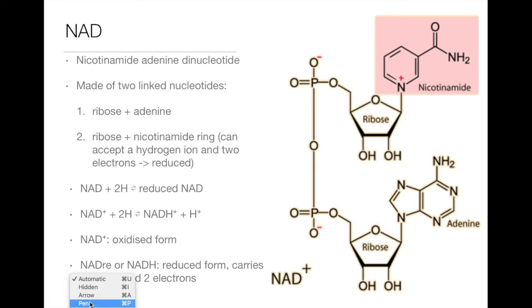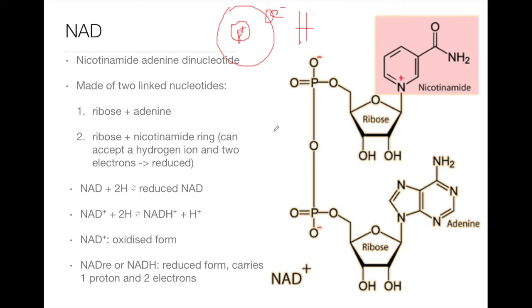Let me make you understand this. If you remember the hydrogen structure, this is the nucleus. It has one proton here, P plus, and one electron around it. This is hydrogen.